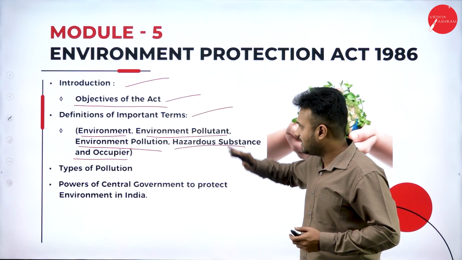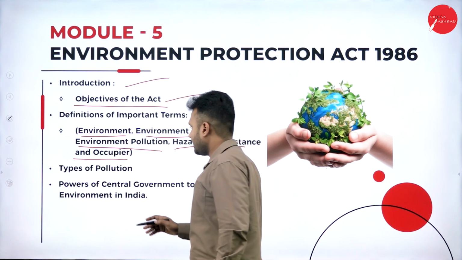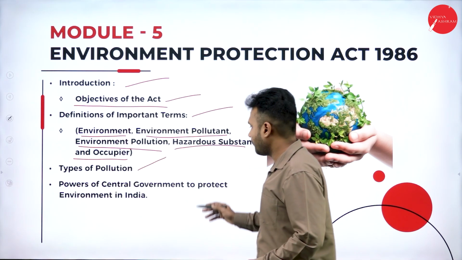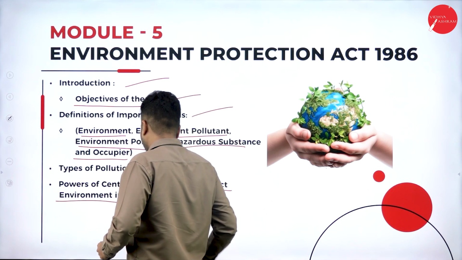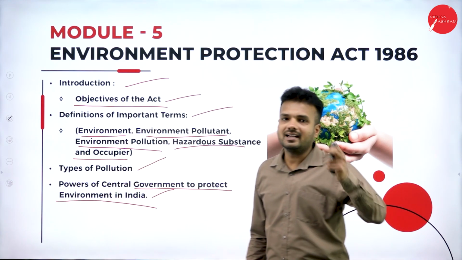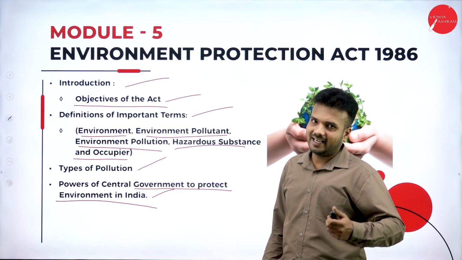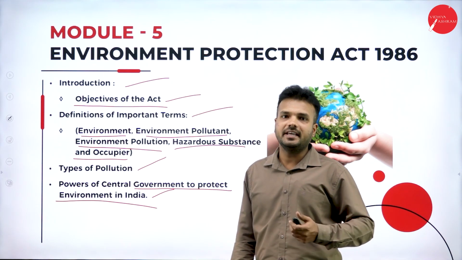So, these are the important topics that we can expect for 2 marks in the final exam. Types of pollution. Powers of central government to protect the environment in India. Here it is going to say about the powers and responsibility of the government of India to protect our environment. Which are the rules and regulations that are made by the government of India, right?